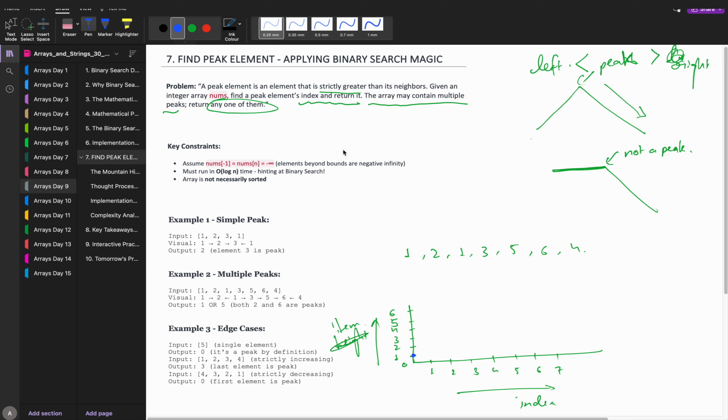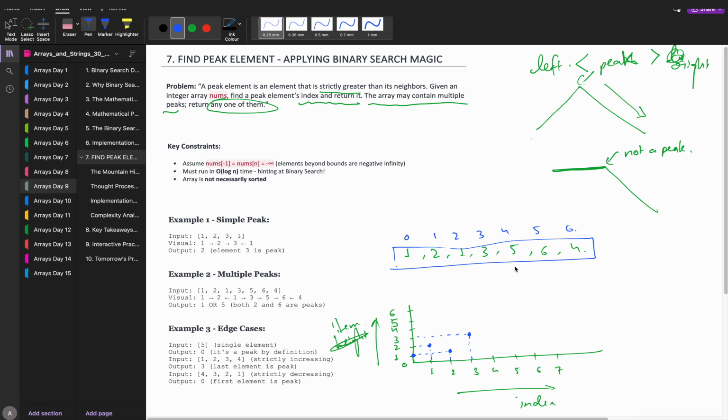Okay, if I were to plot it: zeroth index, first, second, third, fourth, fifth, and sixth. Zeroth index item is 1, so 1 is plotted. First index item is 2, so 2 is plotted at this point. Second index item is 1, so this one is plotted here. Third index item is 3, so this one is plotted here.